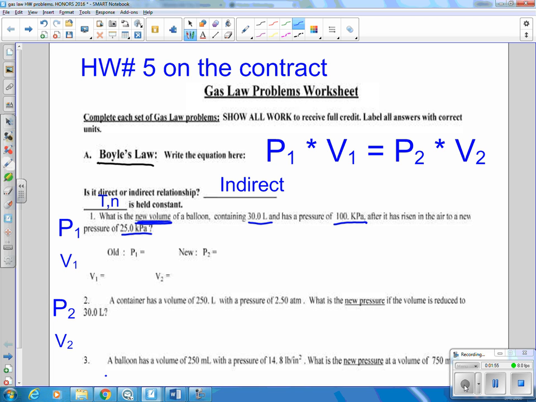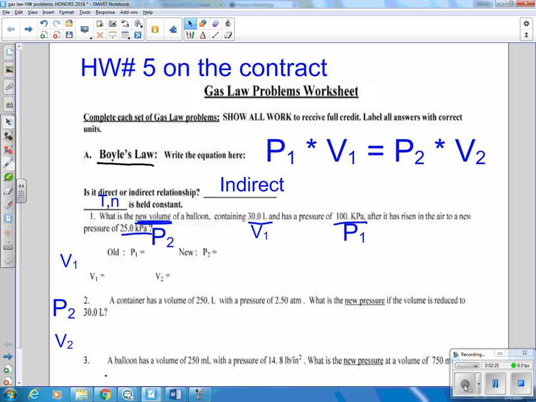This first liter is a volume, so you're going to make that your volume 1, and then the 100 kPa is going to equal your pressure 1. After the balloon rises in the air, the pressure is going down, so the pressure is changing to 25 kPa.